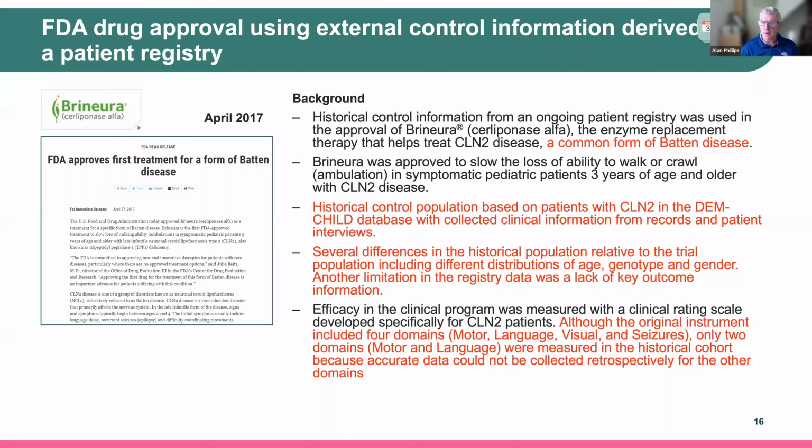But only 2 domains were measured in the historical control. So they only had motor and language available for their historical control, despite wanting to look at 4. There were also several differences between the historical control population relative to the trial population.